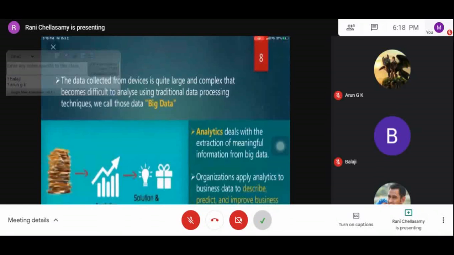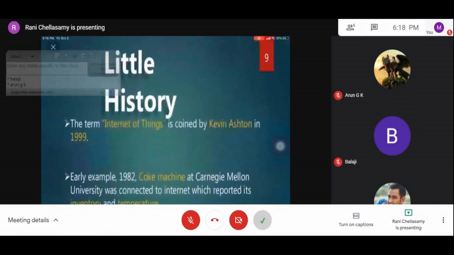Now, a little history about the Internet of Things. Kevin Ashton, in the year 1999. A machine at Carnegie Mellon University was connected to the internet.